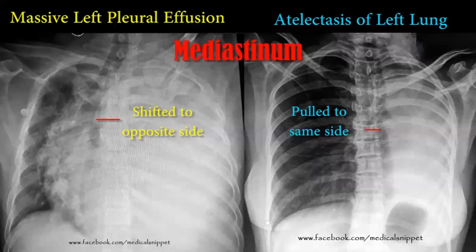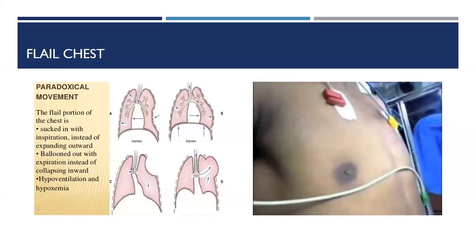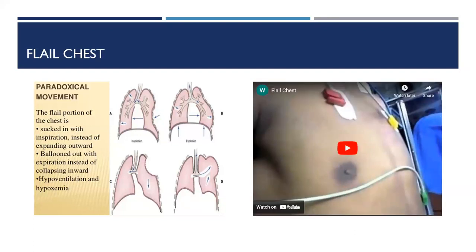So again, this image shows you the difference in pleural effusion and atelectasis. Flail chest. With a flail chest, you will have paradoxical chest movement. As you are inhaling, your lungs get bigger, and that part that is broken, where the ribs are broken in two places, is going to be sucked in.